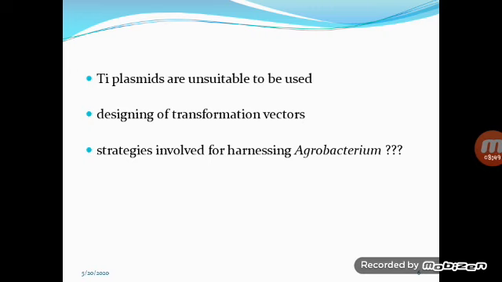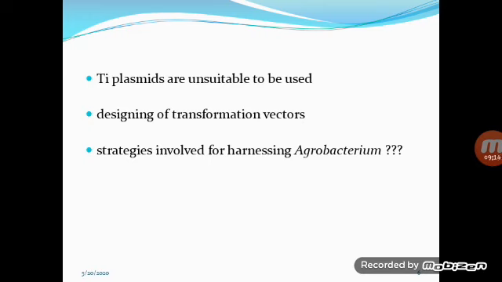First is the large size. Second is the tumor induction property, oncogenic property. And third is the absence of unique restriction site.